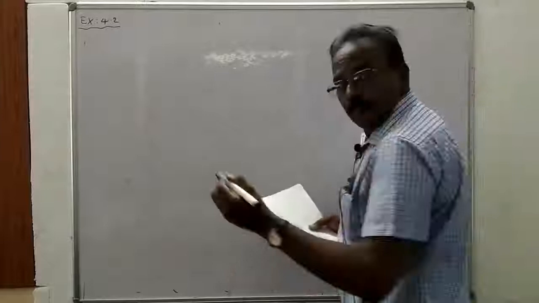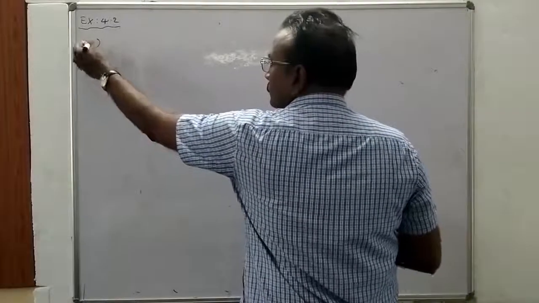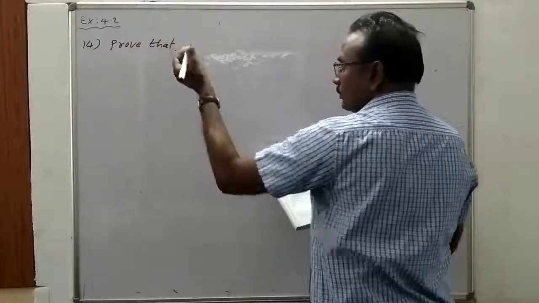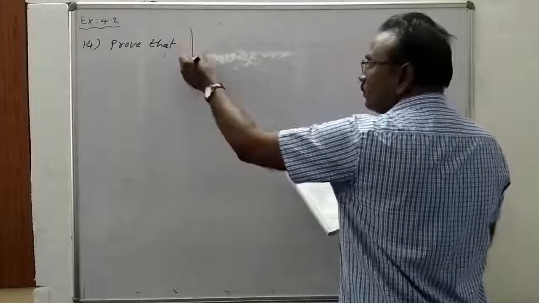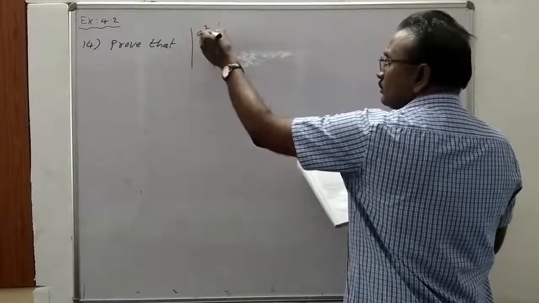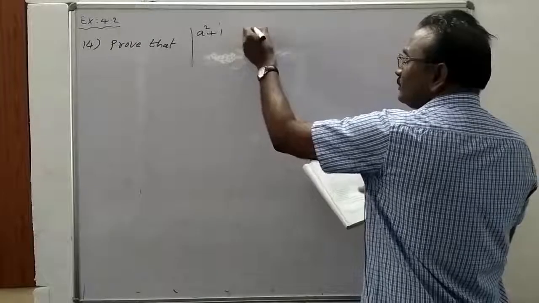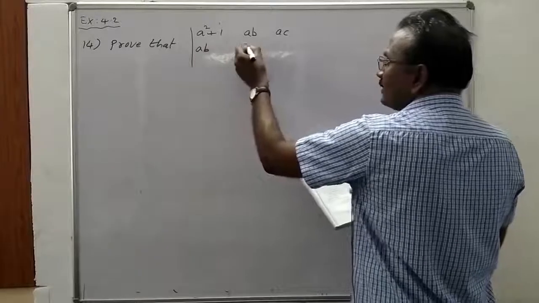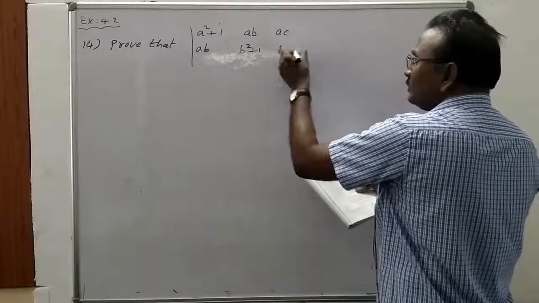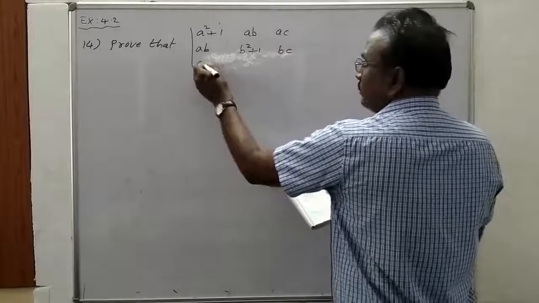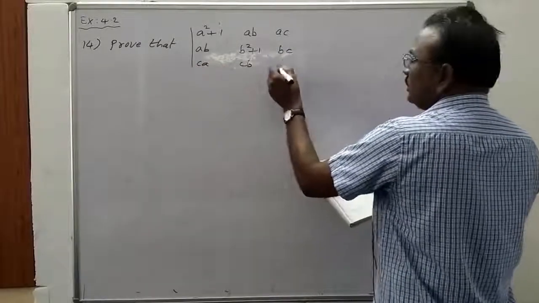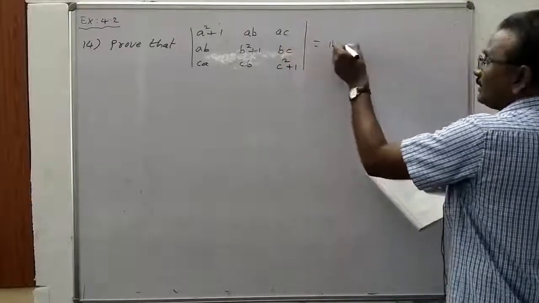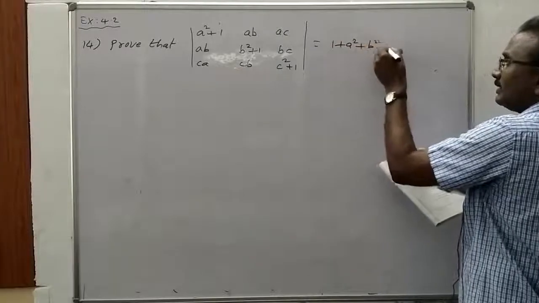Question number 14. Prove that determinant of a square plus 1, ab, ac; ab, b square plus 1, bc; ca, cb, c square plus 1 is equal to 1 plus a square plus b square plus c square.